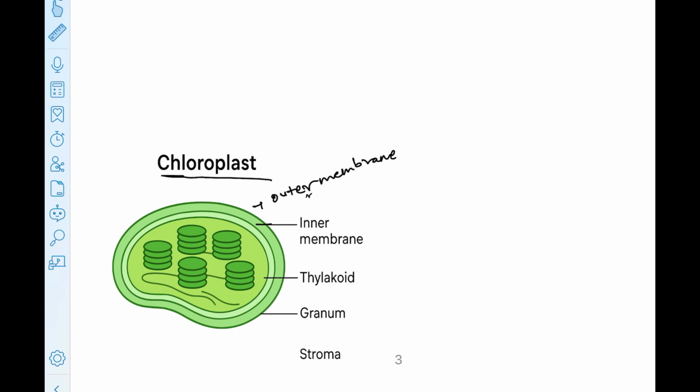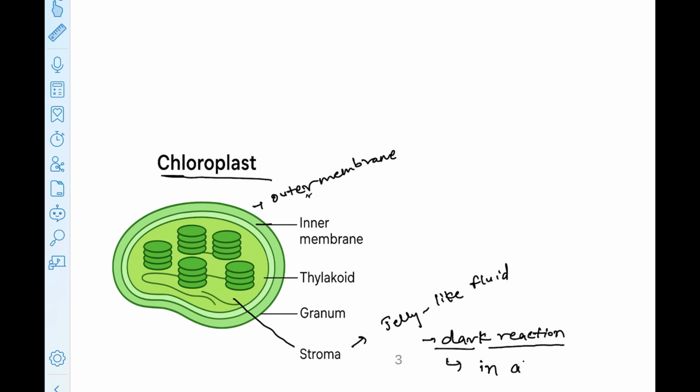Second thing, they contain stroma. So stroma is a jelly-like fluid inside the chloroplast, and it contains enzyme, DNA, ribosomes, and it is the site of the dark reaction. Dark reaction occurs in absence of light.